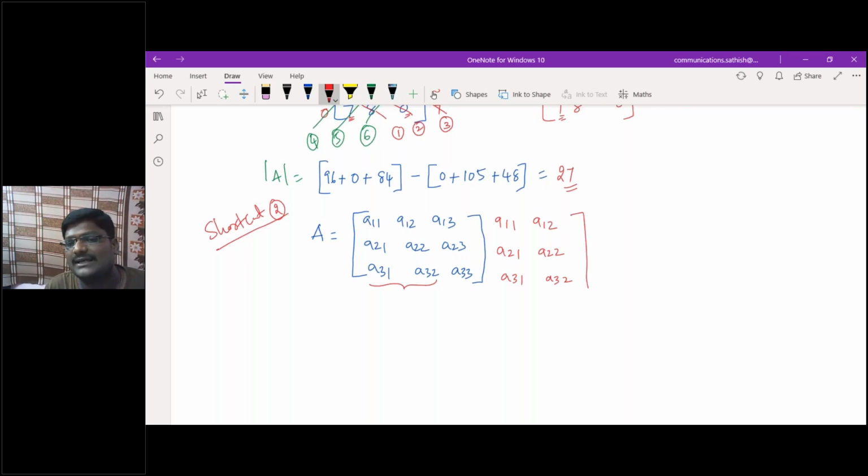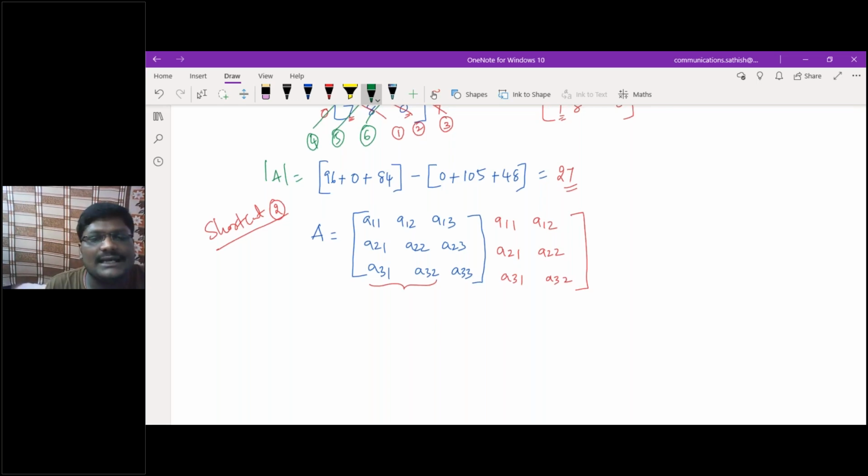So the first two columns I'm taking as the exact replica of that. Up to that, is it clear now? In the second shortcut of finding the determinant of a matrix, the first two columns you people have to take in a replica.